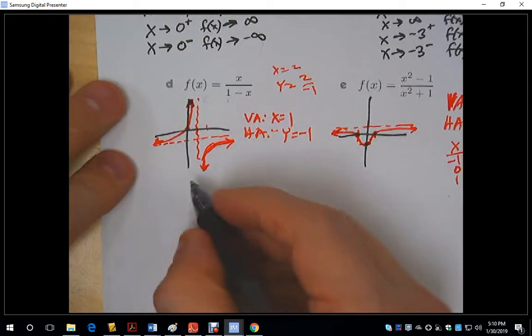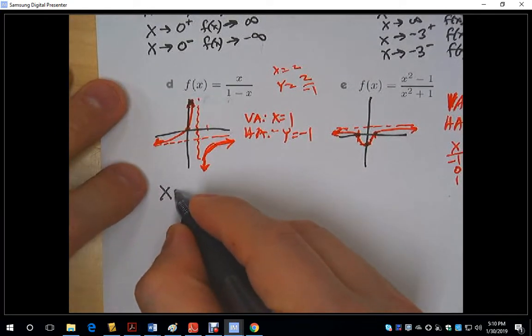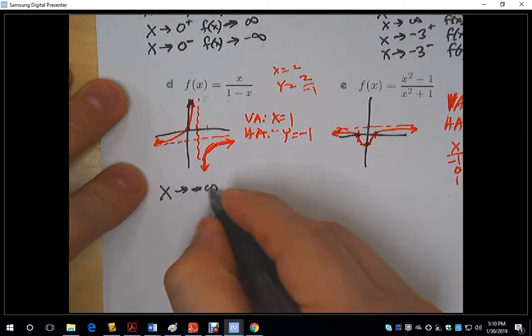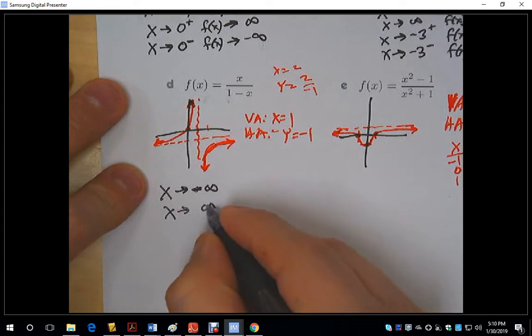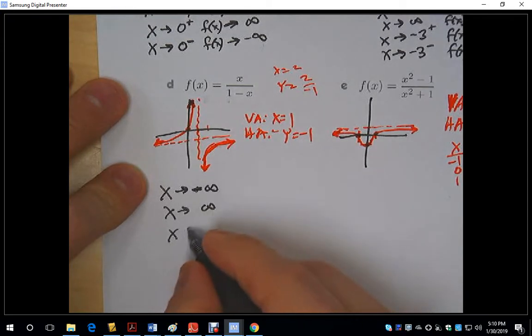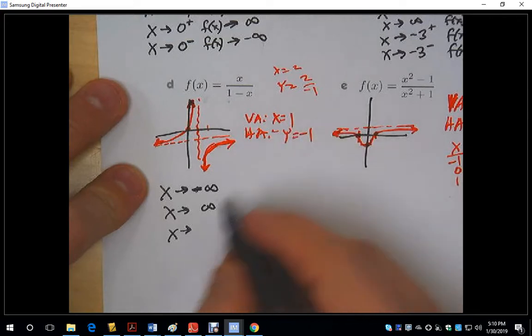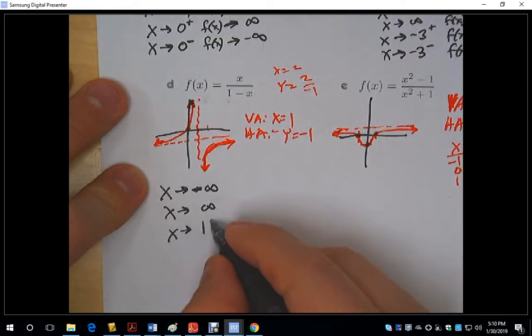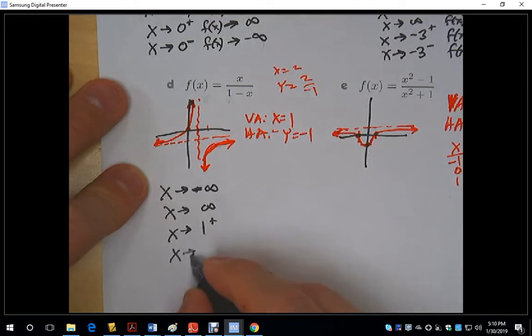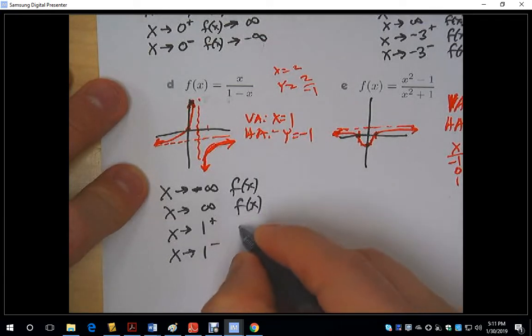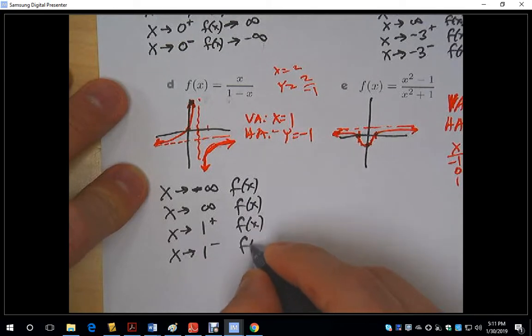So let's do when x approaches negative infinity, when x approaches infinity, and when x approaches my vertical asymptote at 1 from the right-hand side or from the left-hand side. What does my function do?